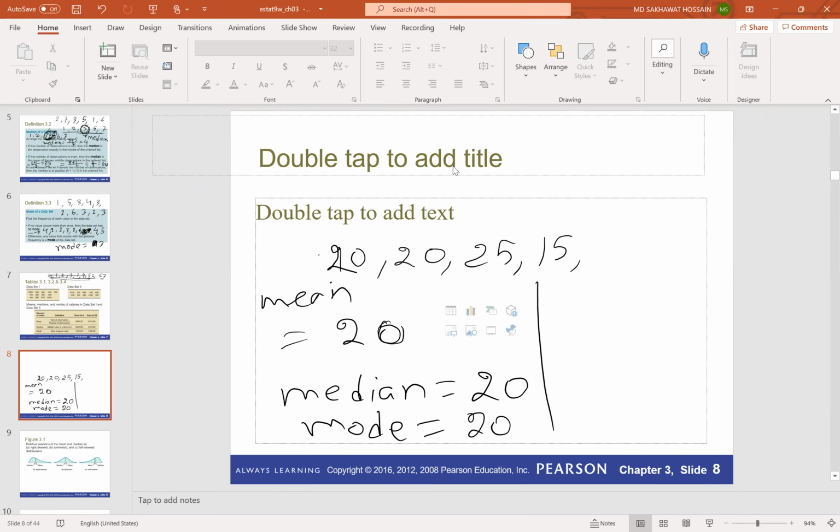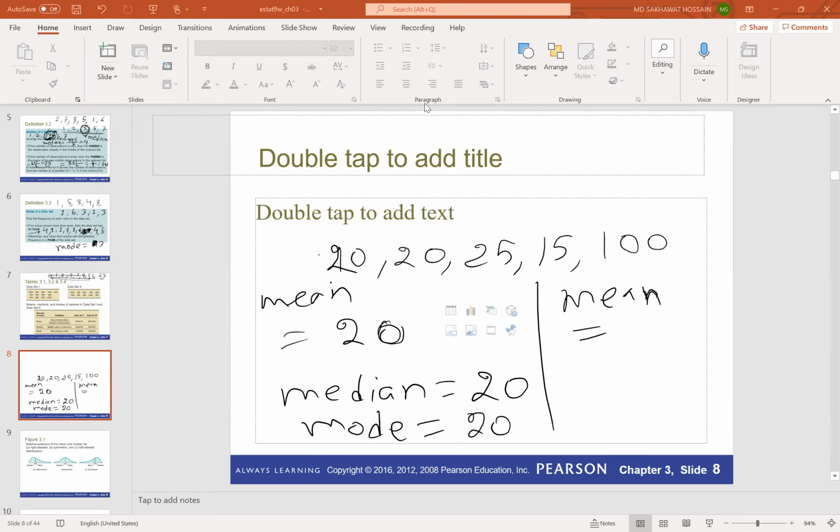Okay, so now if we have one more observation in our data set, for example, if we have 100, then what is the average? What is the mean in this case? So what is the mean of this data set? Anyone? 36.